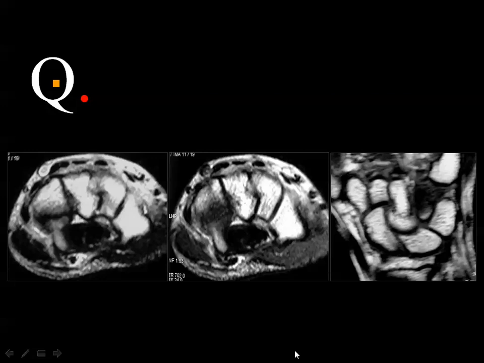MRI of the wrist. Low signal of the hamate. التشخيص avascular necrosis.